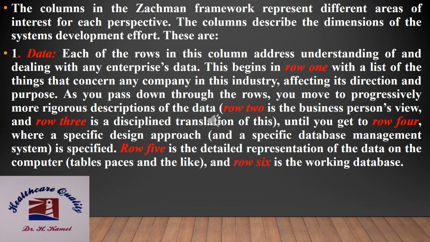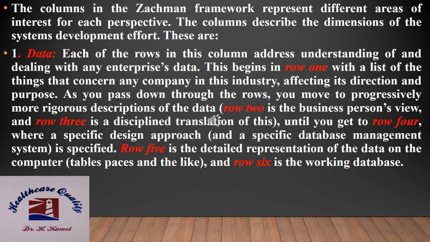Now we come to the columns in the Zachman framework that represent different areas of interest for each perspective. The columns describe the dimensions of the system development effort. These are: number 1, data. Each of the rows in this column addresses the understanding of and dealing with any enterprise data.